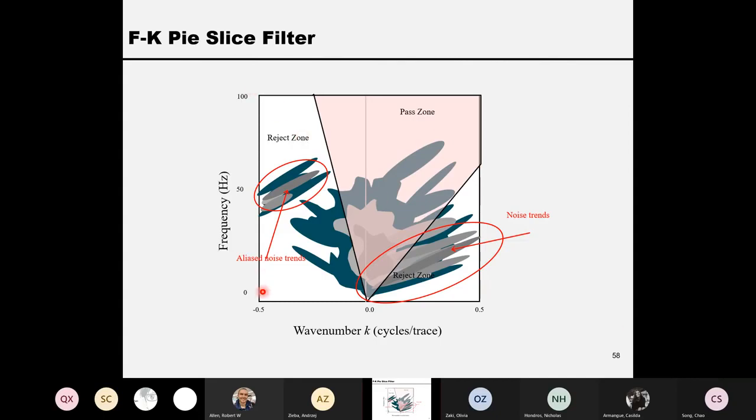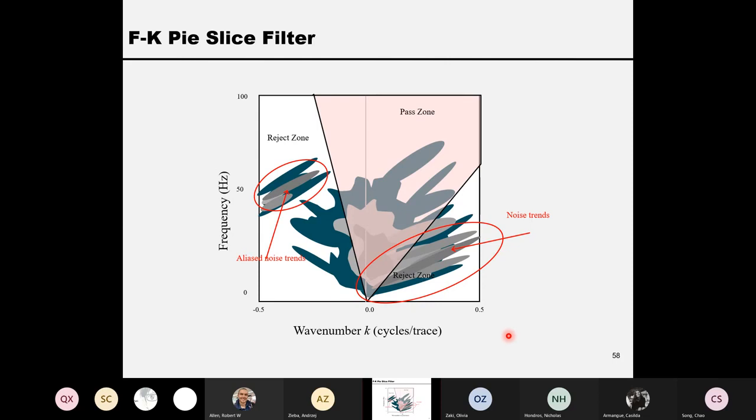That's a two-dimensional spectrum. The vertical axis here is from 0 to 100 Hertz, which is temporal frequency. The horizontal axis is from the negative Nyquist wave number to 0 to the positive Nyquist wave number.